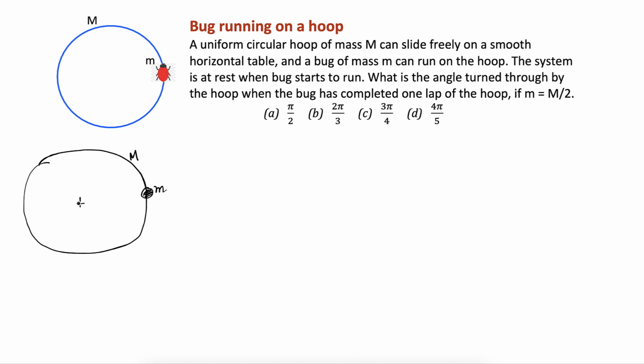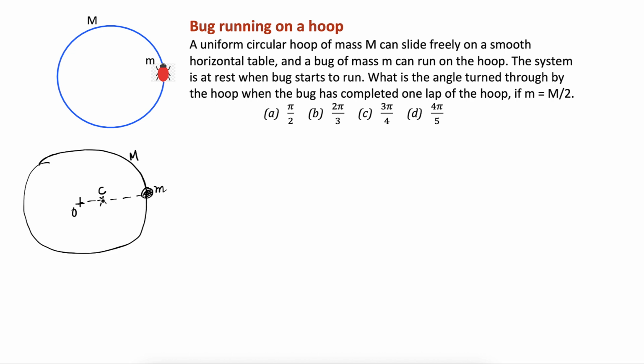We wrongly think that the center of mass of this entire system is at the center of the hoop, O. And that is not the case because the center of mass has shifted somewhere towards this point. Let's say this is C. And then the hoop will start rotating around this point and not this point.